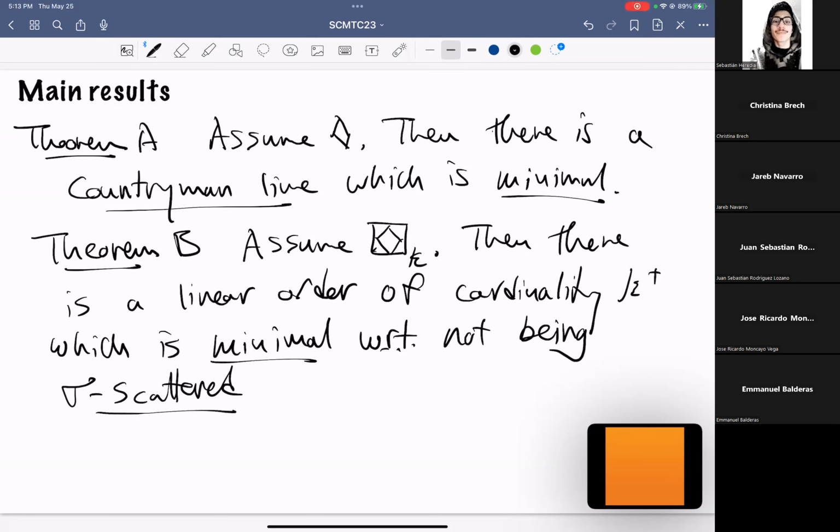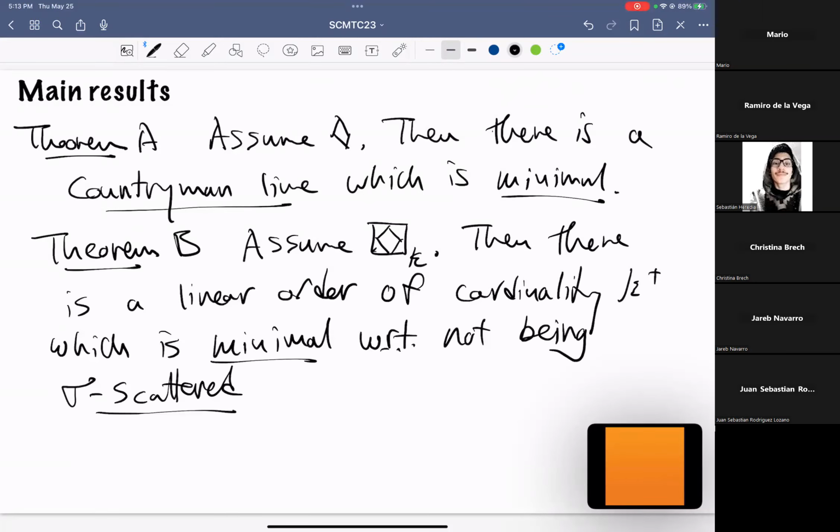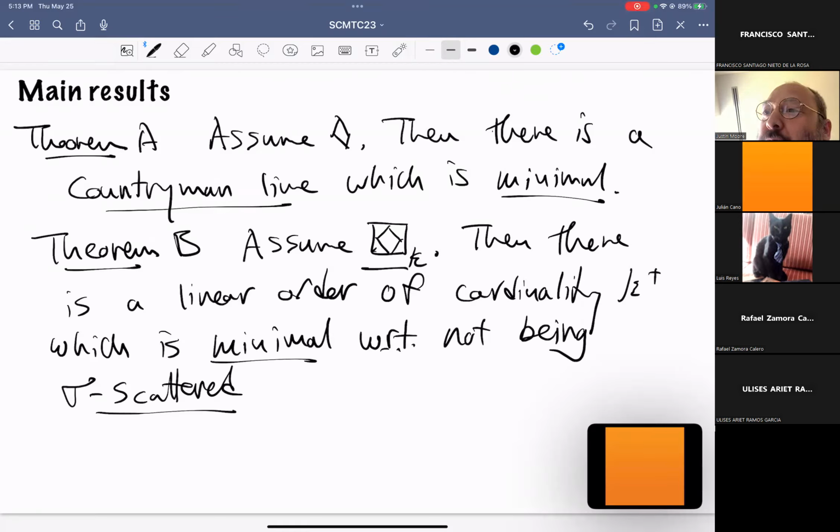Okay, so let me explain what some of these words mean, and maybe remark on what this principle is a little bit. When I say minimal, I mean with respect to the relation of one order embedding into another order.